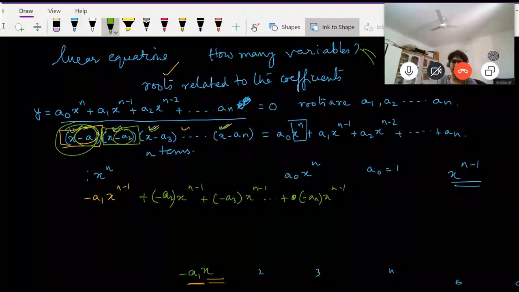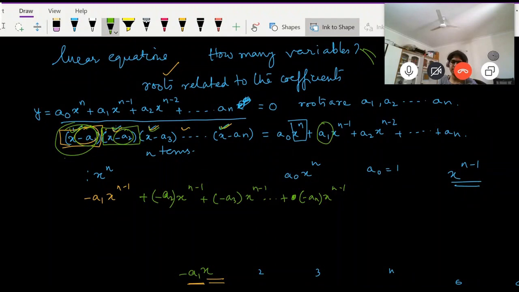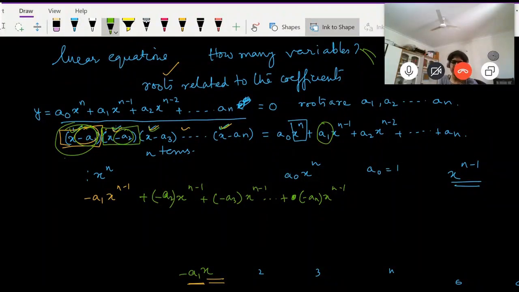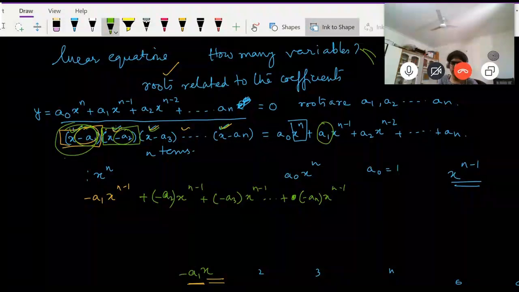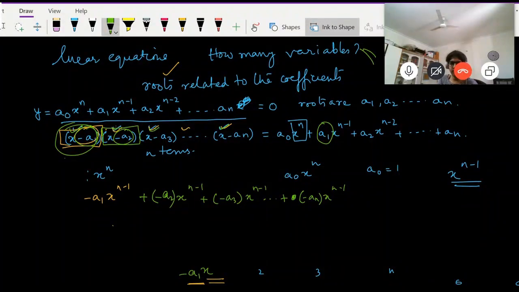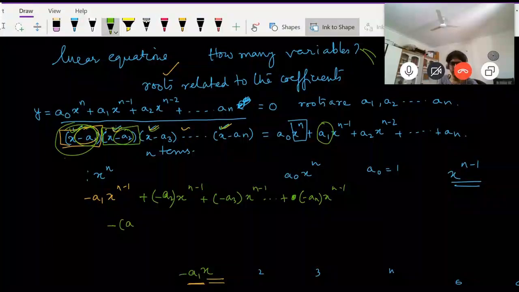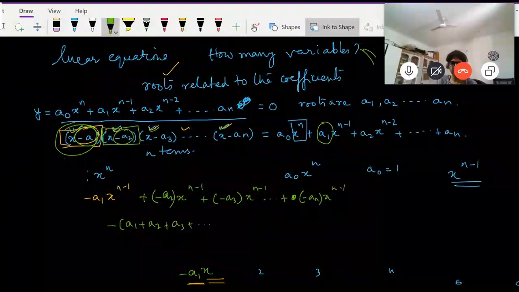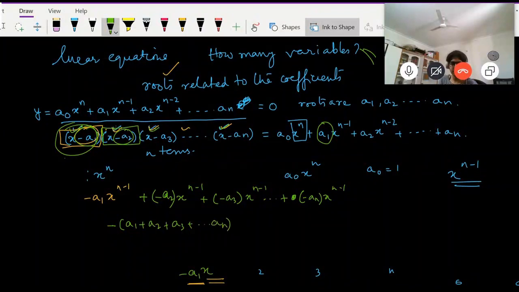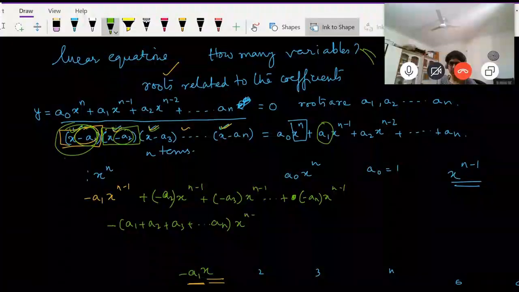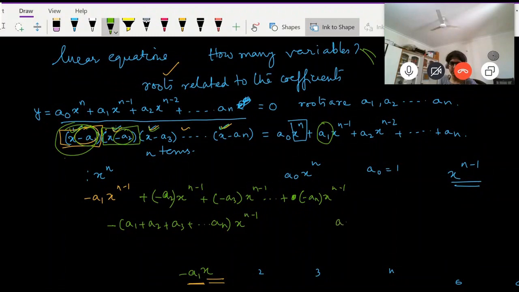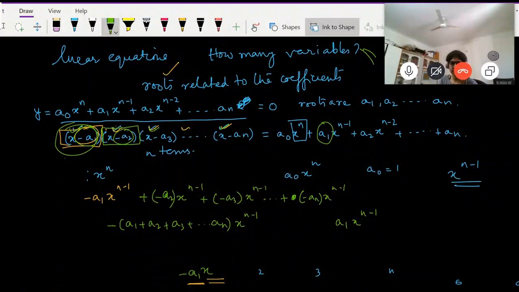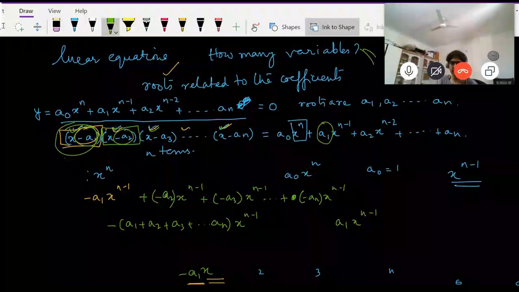And on this side, I have a1 as the coefficient of x to the power n minus 1, right? So therefore, it is minus of a1 plus a2 plus a3 all the way up to an x to the power n minus 1 is equal to a1 x to the power n minus 1, right?